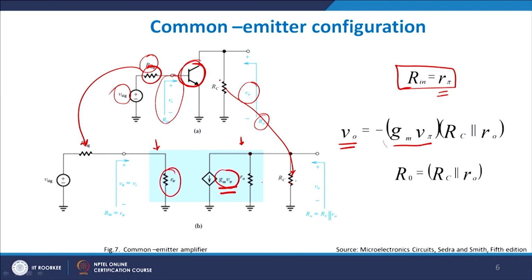So RC and R0 are in parallel, so the effective resistance seen by the current is RC parallel to R0. If you multiply with IC, I will get V0. So the output impedance is basically RC parallel to R0, right. This is the output impedance which you see. So for a common emitter configuration, we were able to find the output impedance.